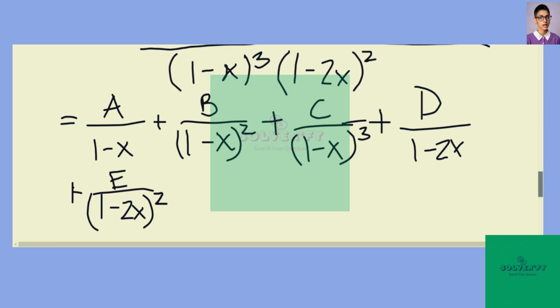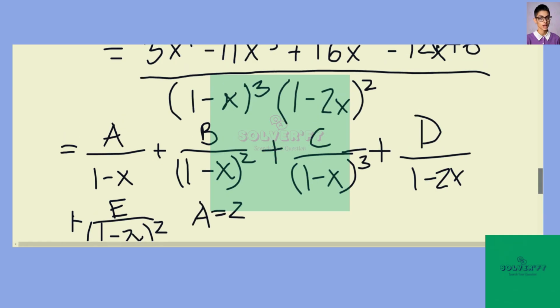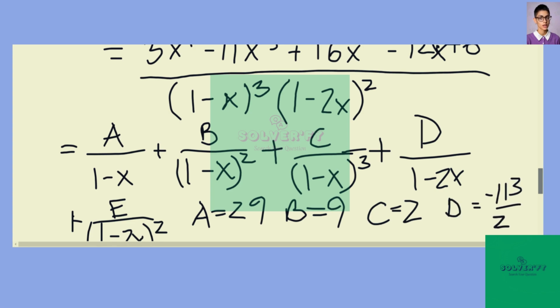And to solve this system of equations, we'll use a computer algebra system, since it's a system of 5 equations and 5 variables, it'll take a very long time. And we get that a is equal to 29, b equals 9, c equals 2, d equals negative 113 over 2, and e is equal to 45 over 2.